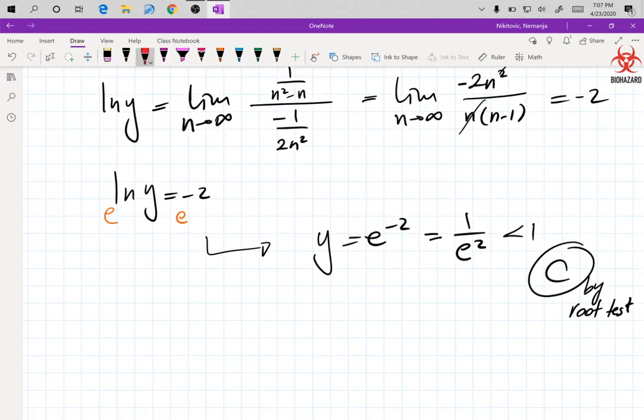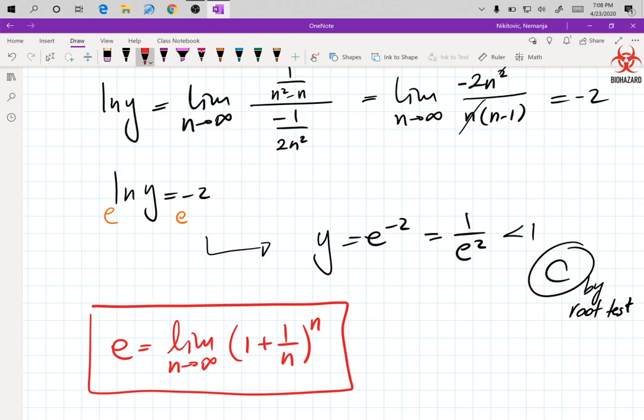Well, what I know from Calculus 1 and from Calculus 2, it's covered in both. Definition for e is a limit n goes to infinity of 1 plus 1 over n to the n. This is the calculus definition for constant e.